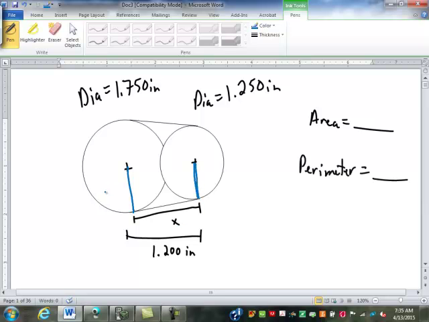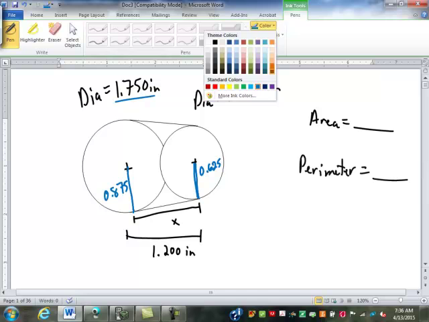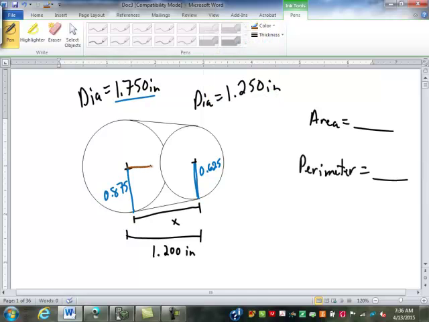I know that this is 0.875 here, half of my diameter. This is going to be 0.625, half of that diameter. From that, I'm hoping I can find some angles. Connecting the centers of my two circles, I know that is 1.200 because it's labeled down here.